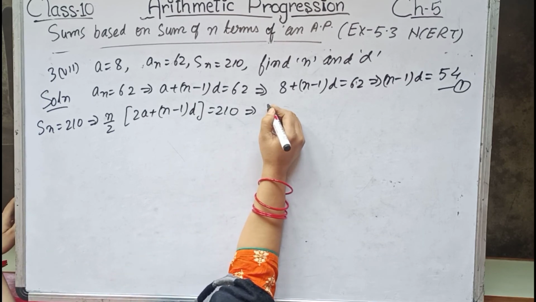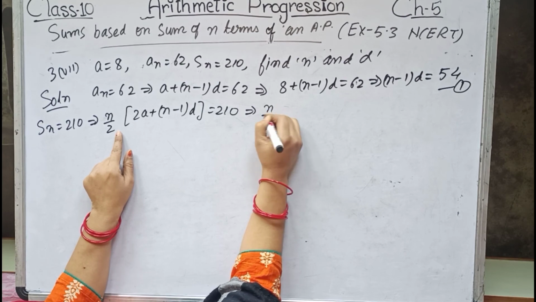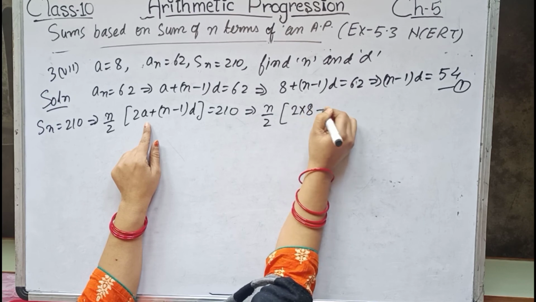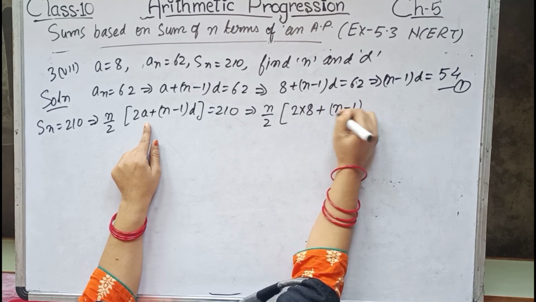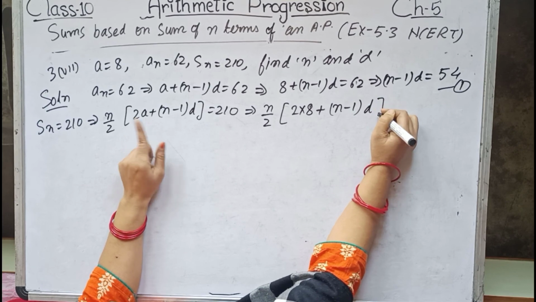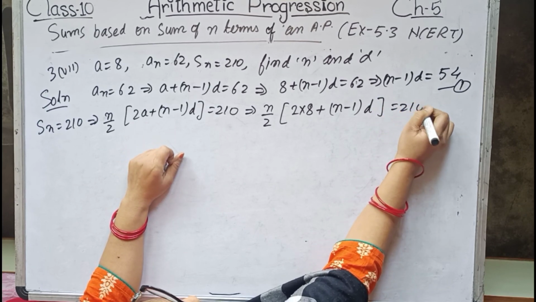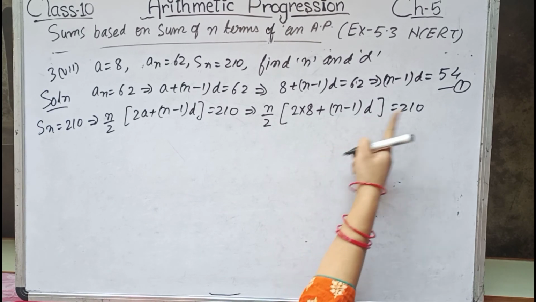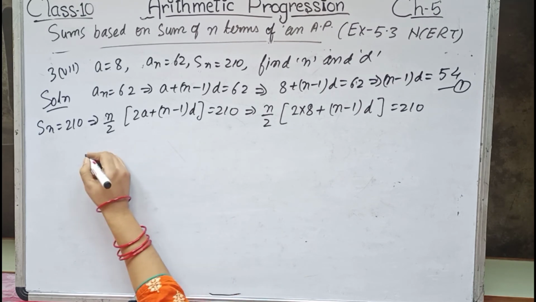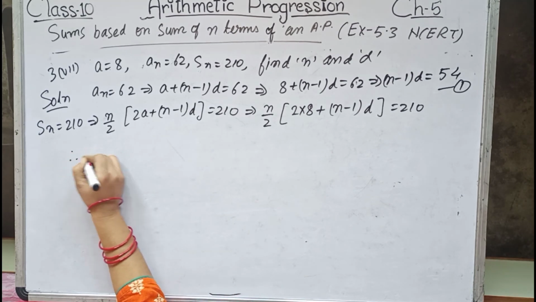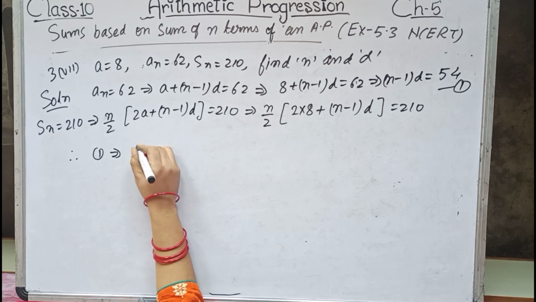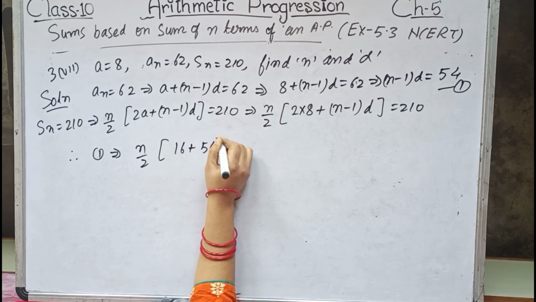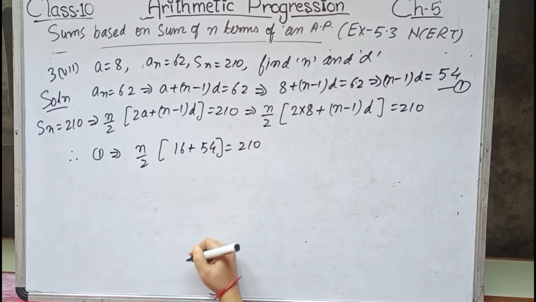So this implies n by 2, now a value is given, 2 into 8 plus n minus 1 into D. D value also is not given, equals 210. Now in place of n minus 1 into D, I can write 54. So therefore, n by 2, 16 plus 54 equals 210.